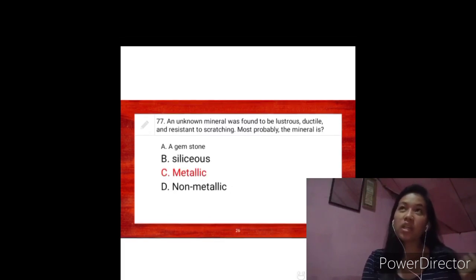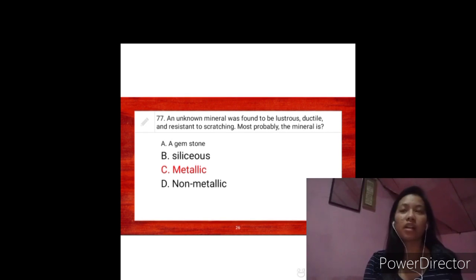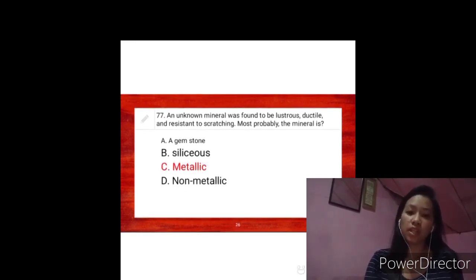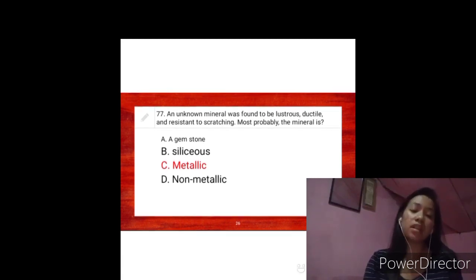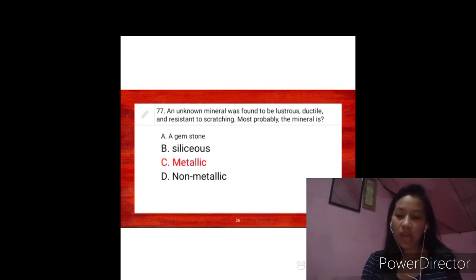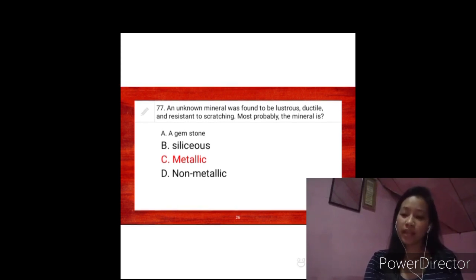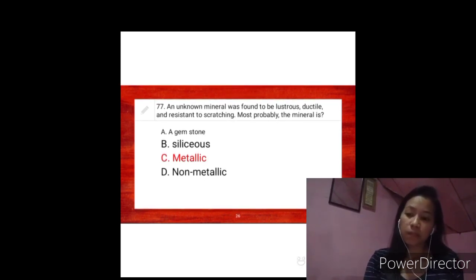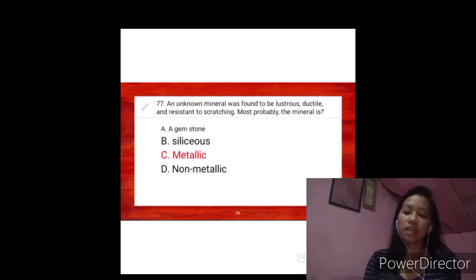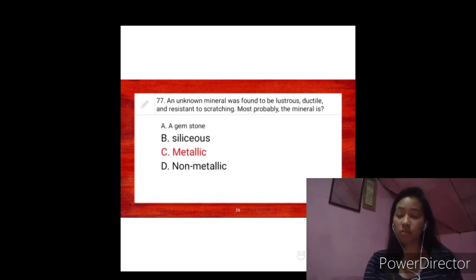So why are gemstone, siliceous, or non-metallic not the answers? It's because a gemstone is only a piece of mineral crystal, like a shiny thing that is used to make jewelry also. Rarity is also one characteristic of the gemstone.